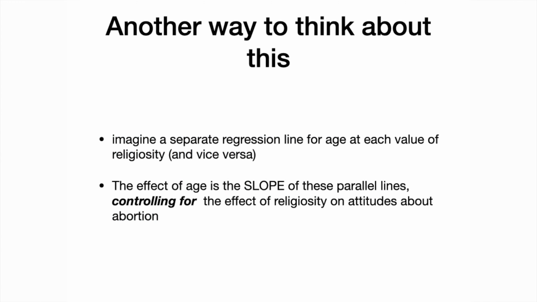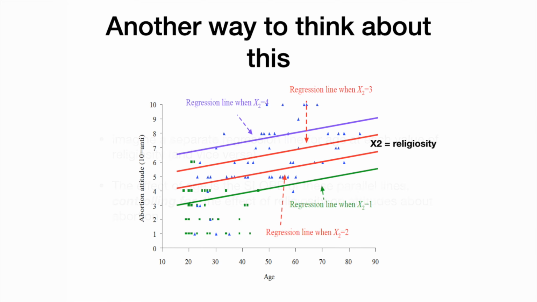Here's another way of thinking about it. If you're unsure exactly how age and religiosity are working together in this example, the effective age is the slope of each line, controlling for the effect of religiosity on attitudes towards abortion. Here you can see it on your screen.